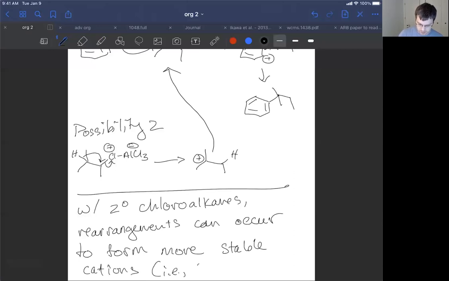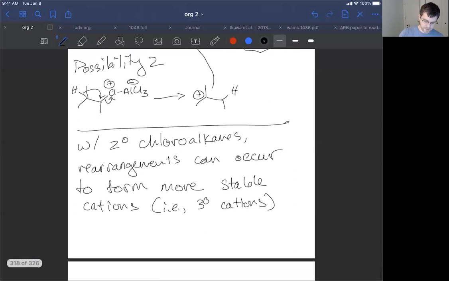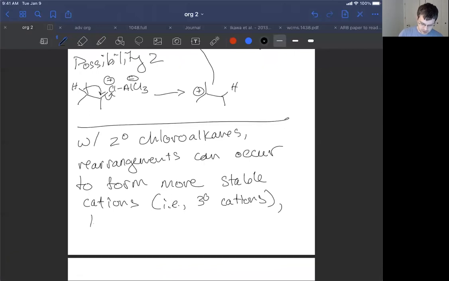And what I mean by more stable is tertiary carbocations, leading to unexpected products.